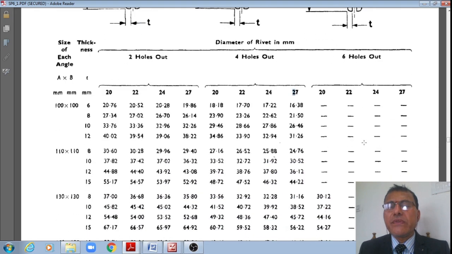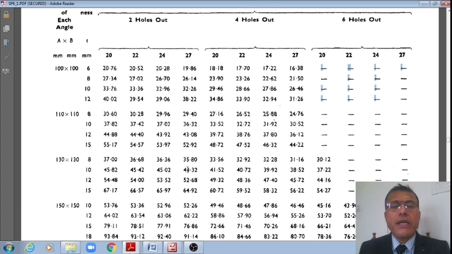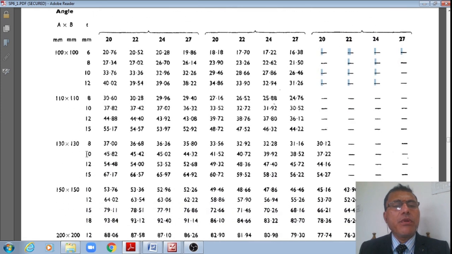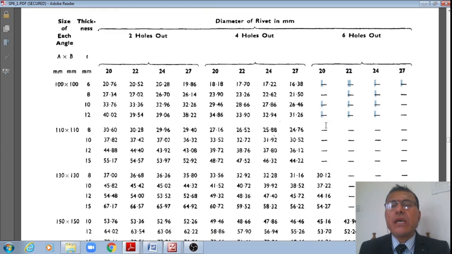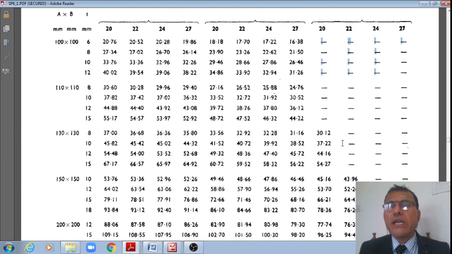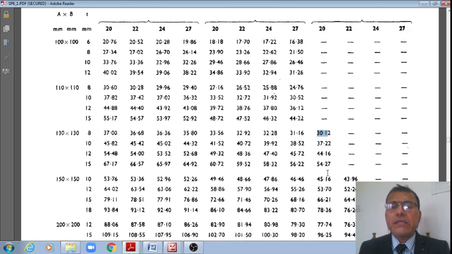Whereas for six holes, if they are applicable, they are shown. If they are not applicable, they are shown with dotted lines, right? Now for six holes, these are applicable now, starting from ISA 130 by 130 by 8. Yes, six holes are applicable, right? Here onwards only these are applicable with the 20 dia bolts or rivets only, right?